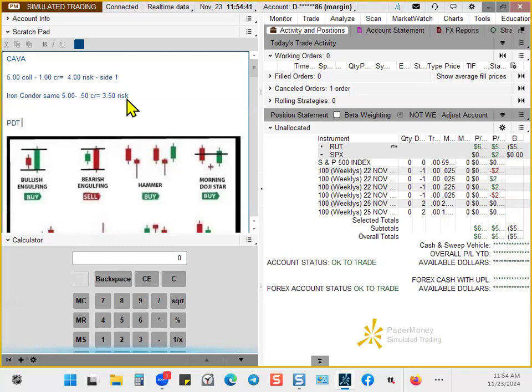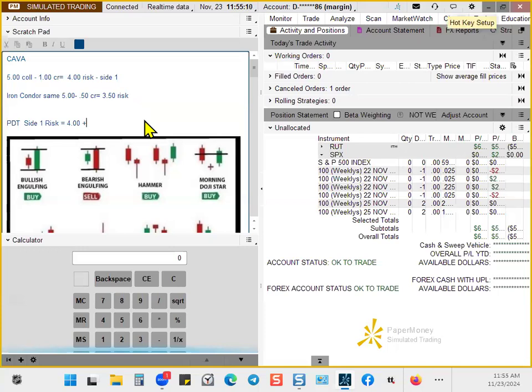Side one gave you $1. You got $4 of risk. Based on the risk of side one, what you're going to do, it was $4. This right here, $4. What profit do you want?